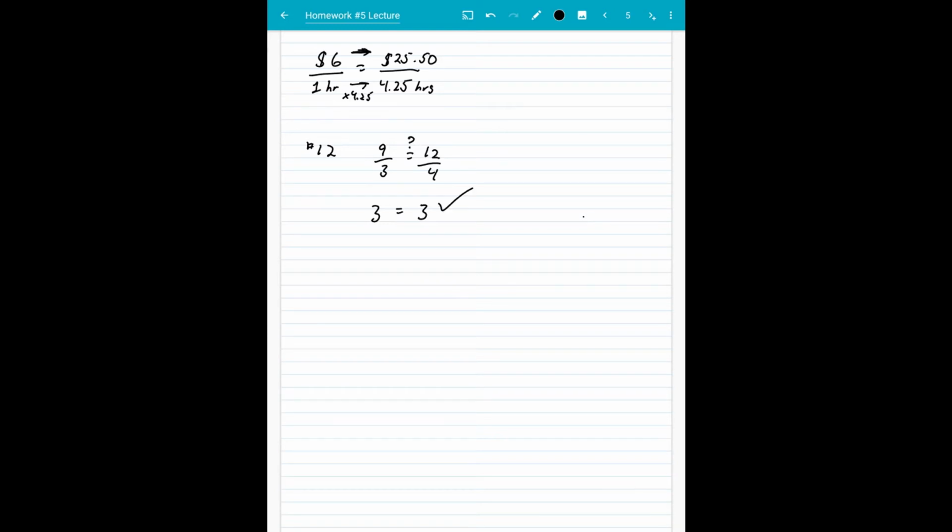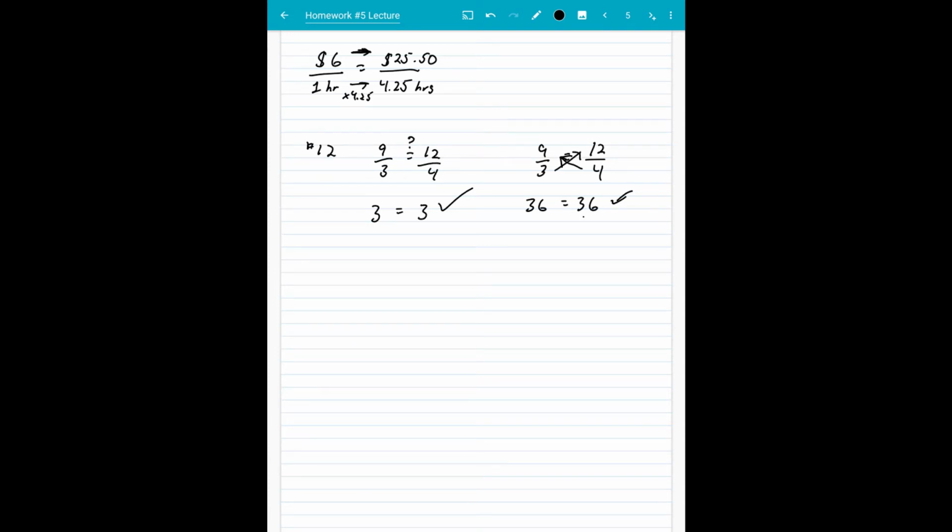So they are proportional. You also could do something called cross multiplication, where we multiply this times this and this times this. 9 times 4 makes 36. And then 12 times 3 is also 36. That makes it easy as well. I'm going to show you a cross multiplication problem in a minute.